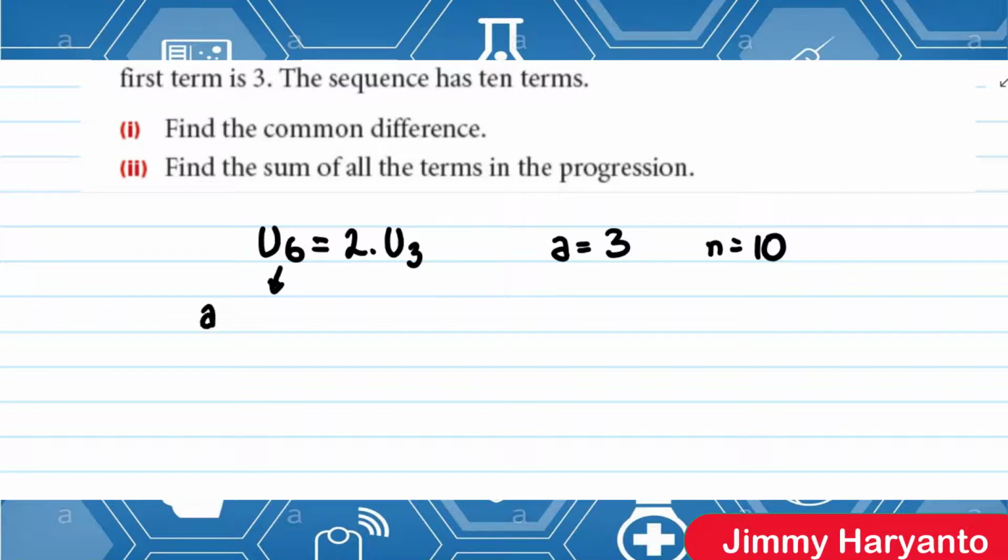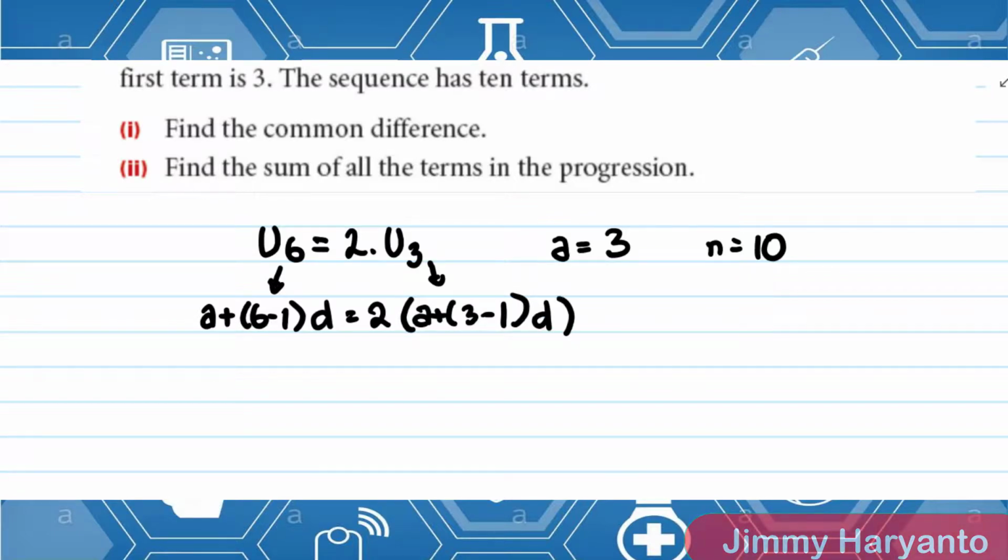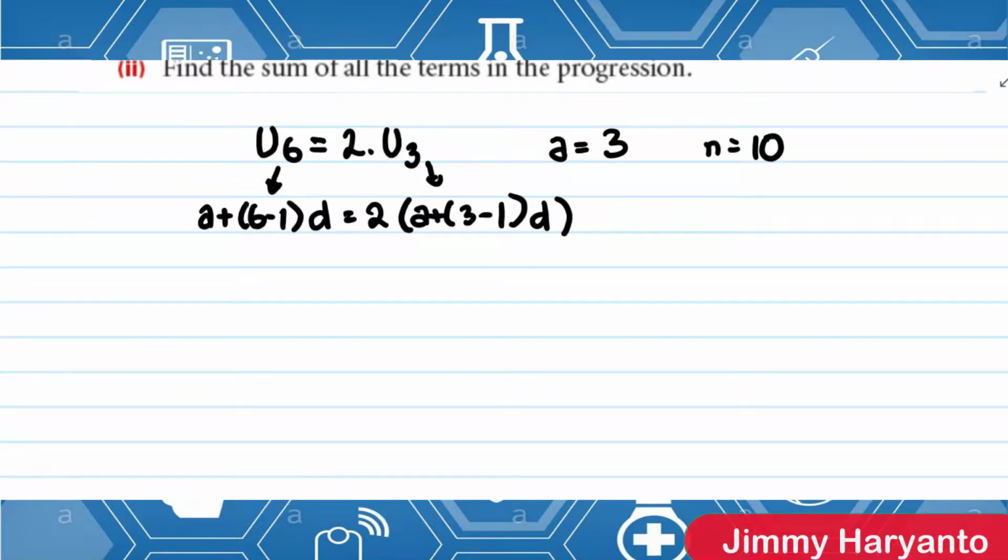For U6 it will be a plus (6 minus 1) times the difference, equals 2 times, for U3, a plus (3 minus 1) times the difference. Since we know a, we can put it into the equation. 3 plus 5d equals 2 times (3 plus 2d).